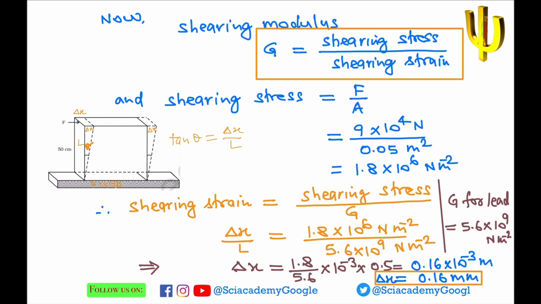So from this, we get the displacement delta x equal to 0.16 millimeter, and we had to calculate this value only. So we solved the problem.